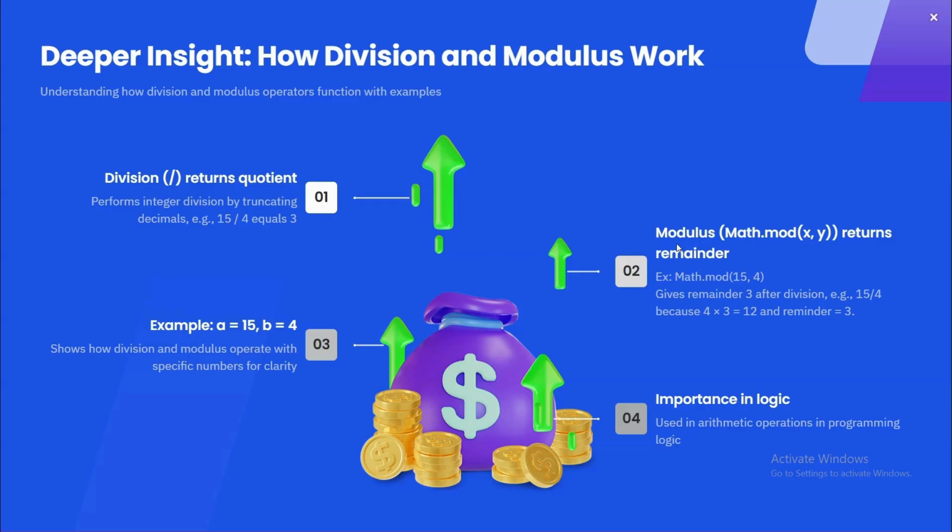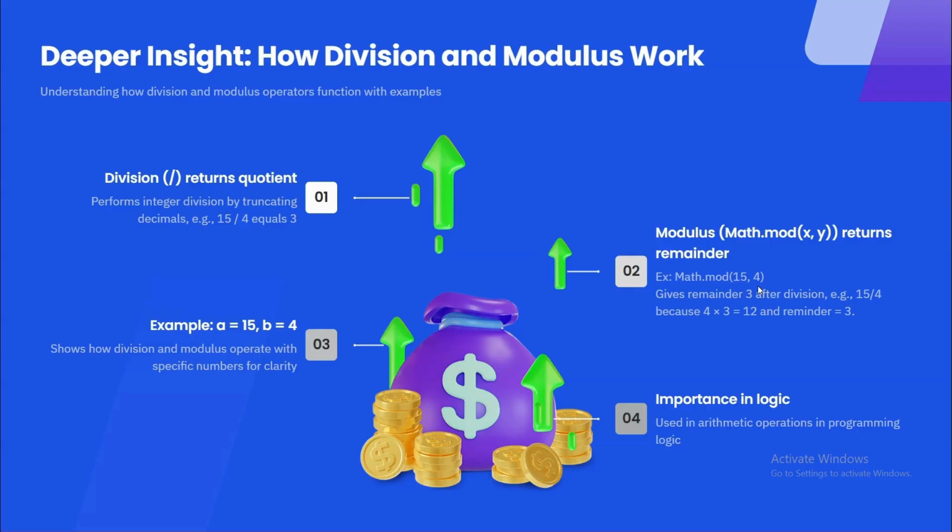Second point is modulus: Math.mod(X, Y) returns the remainder. For example, if you perform the modulus operation Math.mod(15, 4), 15 is divided by 4, the quotient is 3 and the remainder is also 3. So it will return the remainder, that is 3. But as I told you earlier, we need to always take integer data types of variables here.